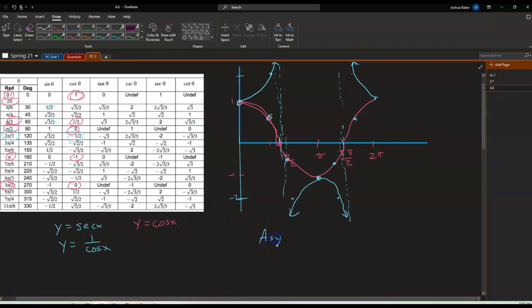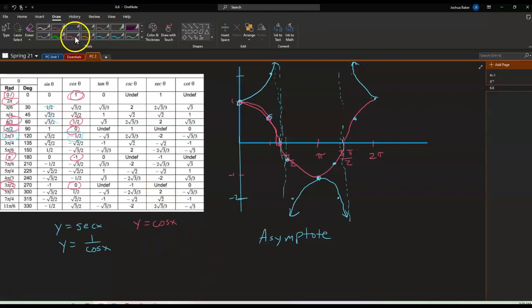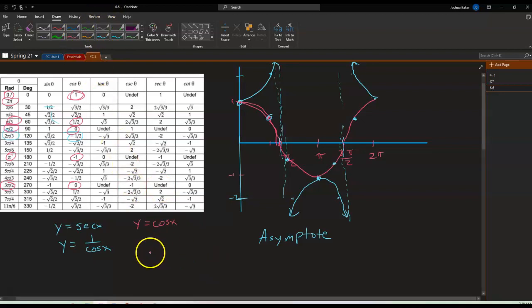Now, here's the real story. These asymptotes are going to keep happening because the cosine function is a periodic function. Let me change colors here so I've color coded in the correct way. Cosine just continues to go like this, right? So every time it hits a 0, there's going to be a vertical asymptote.